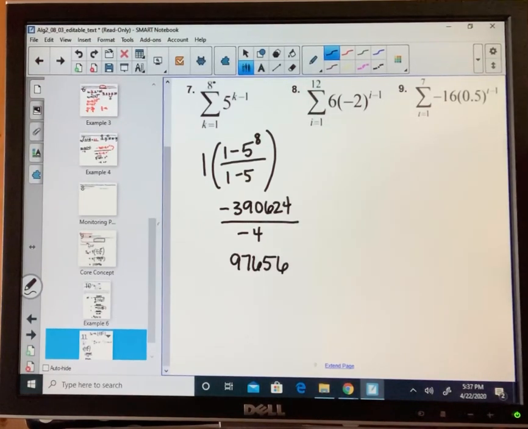Okay. Same thing here. I'd say A1 is 6, times 1 minus negative 2 to the 12th over 1 minus negative 2.